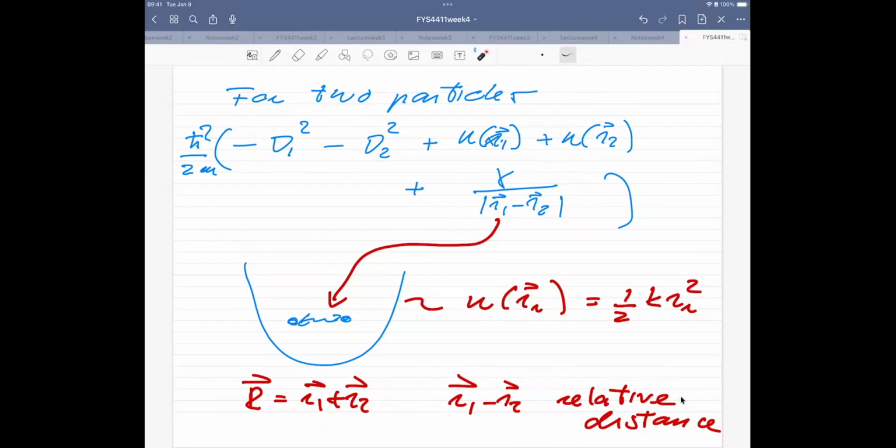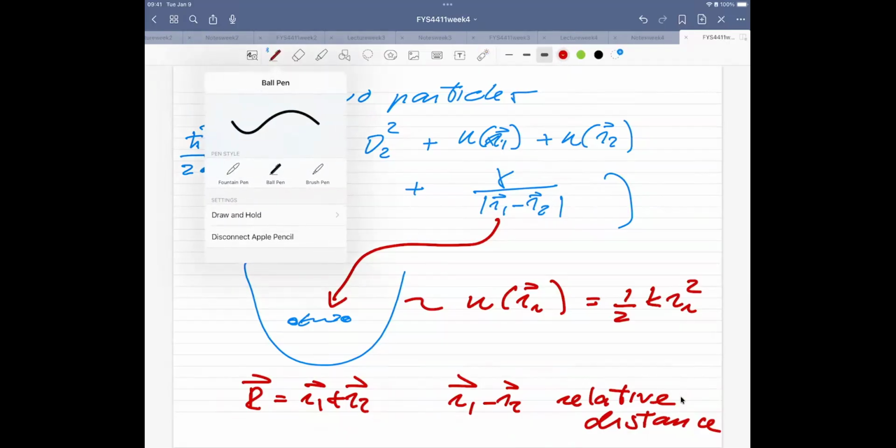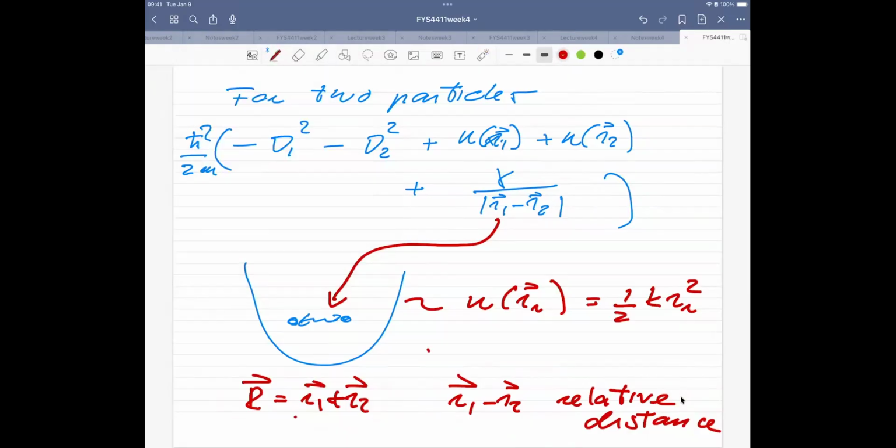You can define it like that. That is correct. Often you define it by dividing by 2 here. That's a pretty common approach, to divide by the number of particles you have.